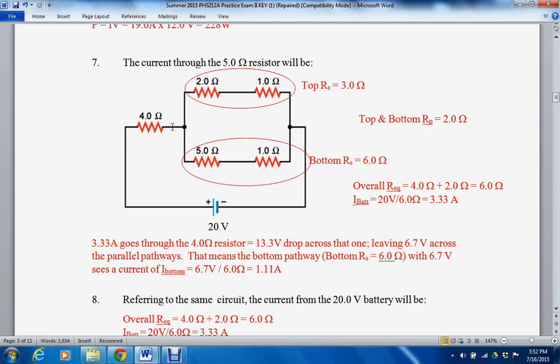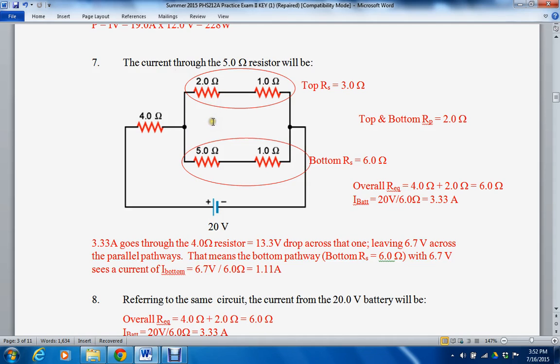And then I'll figure out the voltage drop across this bottom pathway, because it's going to be the same voltage drop for the rest of the circuit, because these two pathways are in parallel. Once I know the voltage drop across this pathway, then I can figure out how much current comes through this pathway, because I equals V over R, and I know the voltage and I know the resistance. So in order to do all of that, this is a pretty difficult problem.